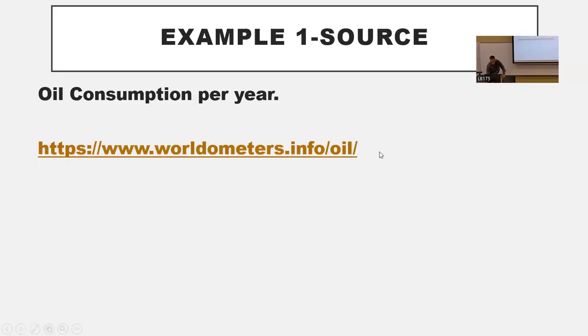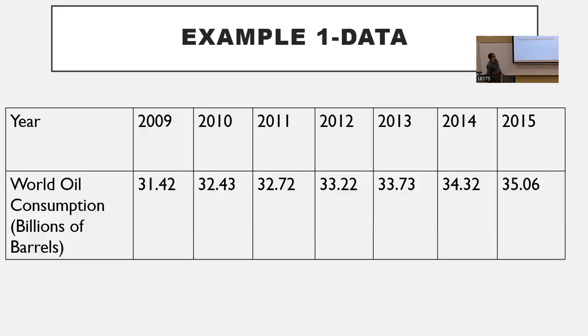Some data. So the next slide, I'm going to show you some data, and it comes from this information. It's about oil consumption per year. Okay, so here's some data on oil consumption per year.